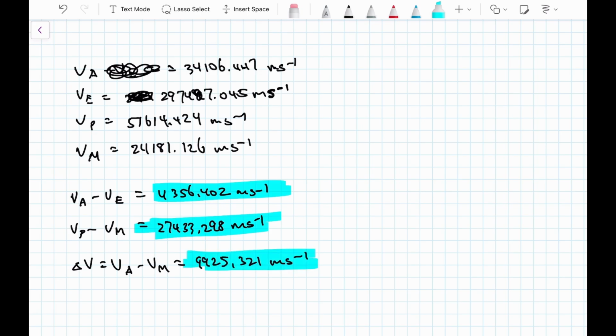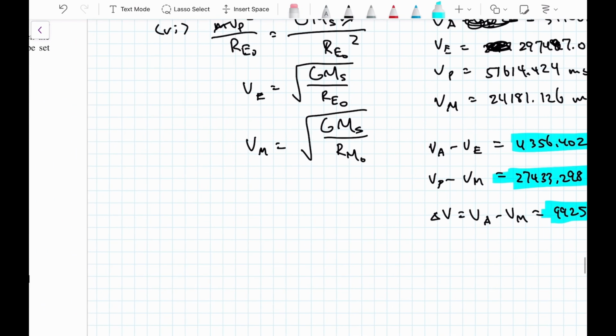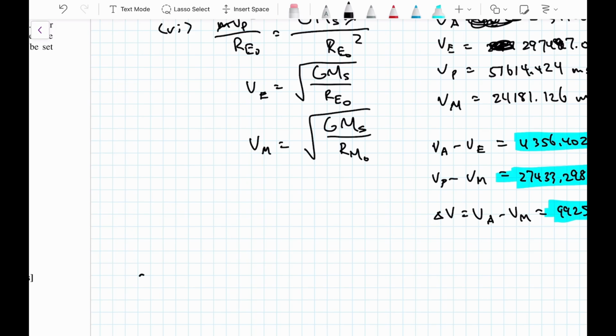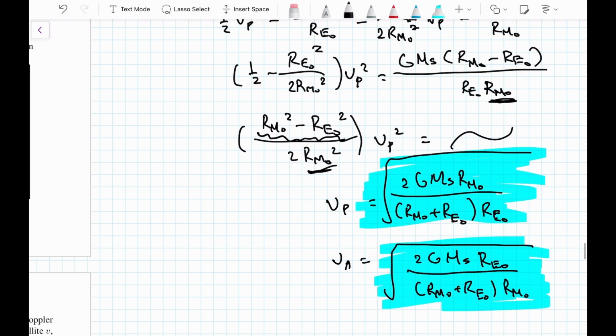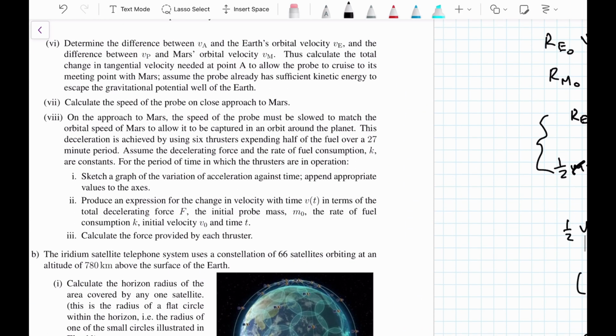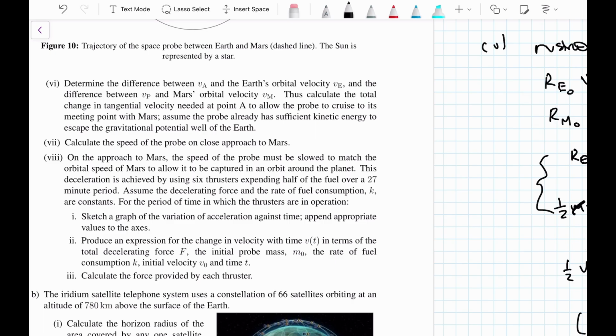Okay. Now let's see the seventh part: calculate the speed of the probe on close approach to Mars.